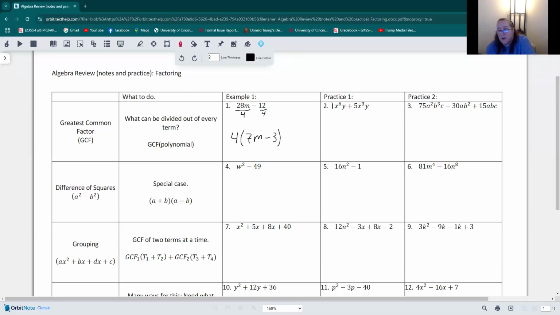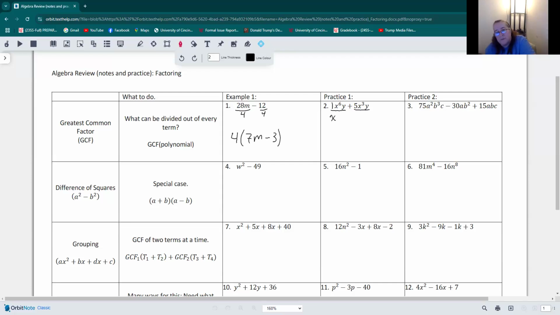They do have x's and y's for both of them, so I do know there's something I can take out. I look at the coefficients, so the 1 and the 5. The only number that goes into both of those is a 1. Since it's the first thing that we have, we can ignore it. It's that hidden 1 that we always have for a coefficient if there isn't one showing. And then I'm looking at my letters, and they both have x's.